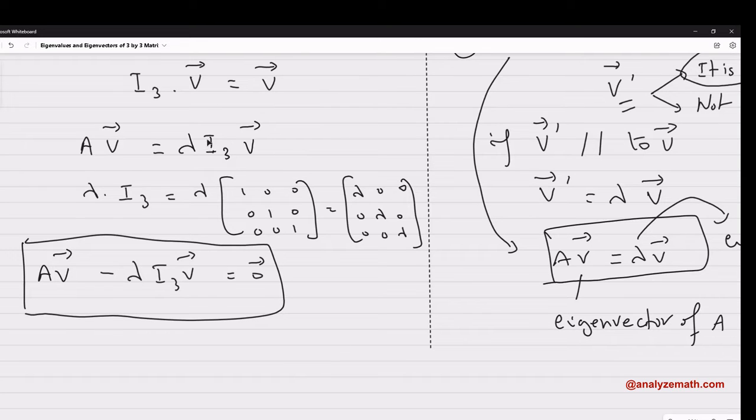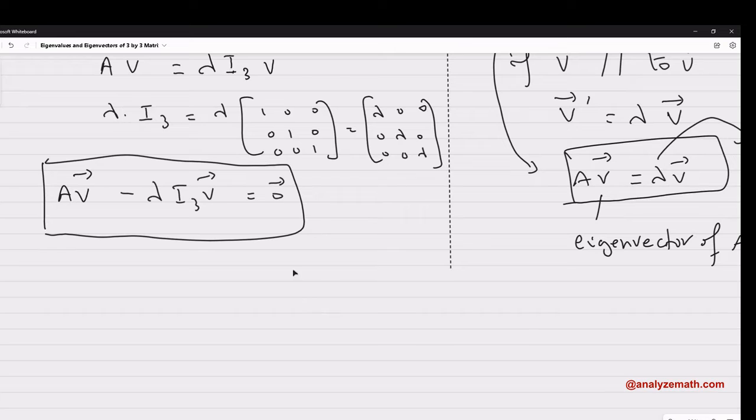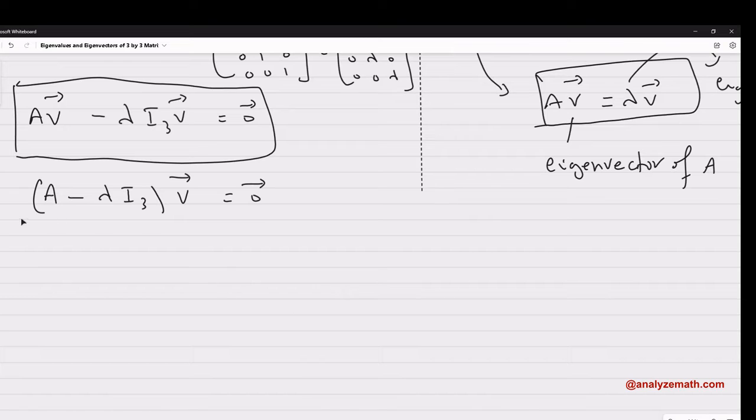So we just subtract this term from both sides to obtain our equation. The next obvious thing to do is to factor the V out and write our equation like so. This is a homogeneous system of equations. V equal to 0, as we said above, is a solution.